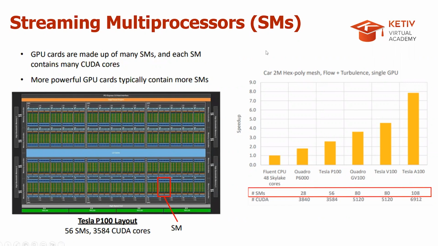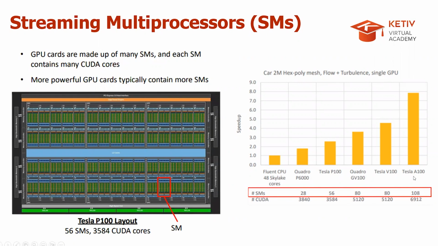So say, for example, on the right over here, you see some commercial GPU cards. You might be familiar with these names. You can see how many SMs each of them has and how many CUDA cores they have individually.